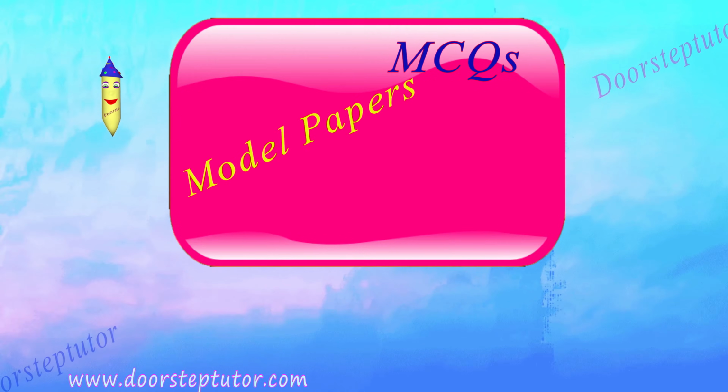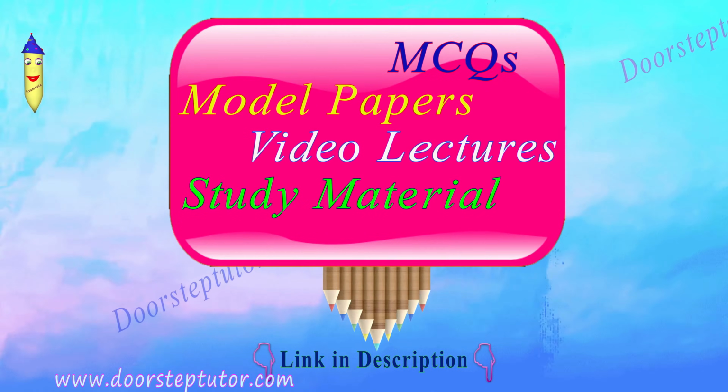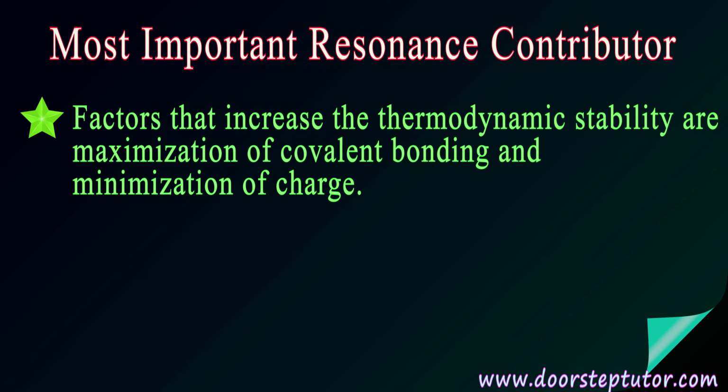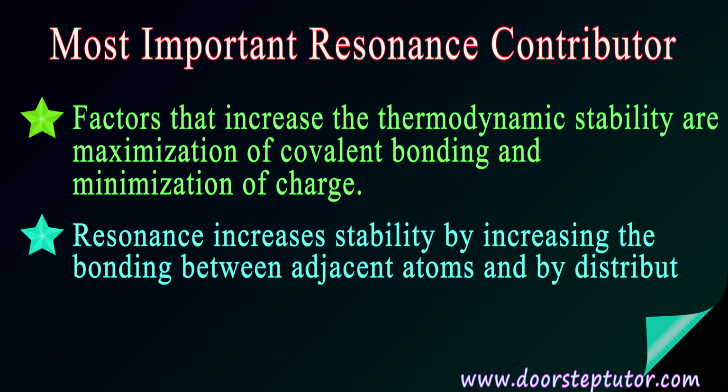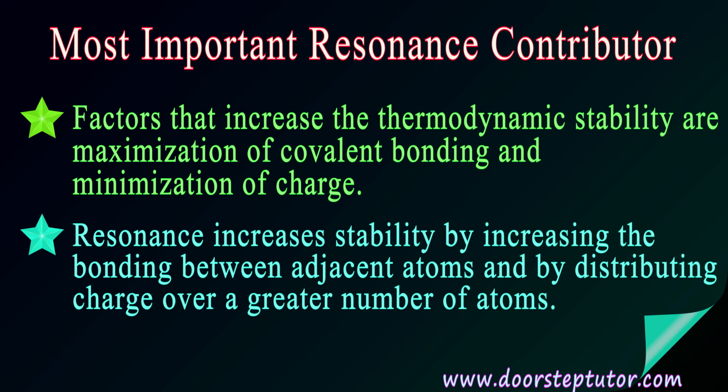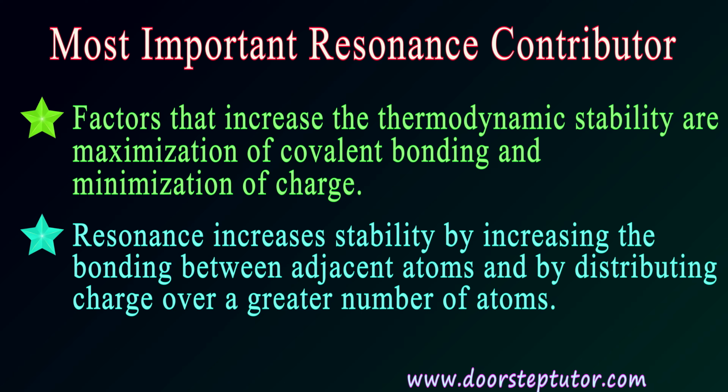One point to be noted for resonance is that resonance increases the stability by increasing the bonding between the adjacent atoms and by distributing charge over a greater number of atoms. So the charge is not confined over a single atom, it is distributed holistically over the molecule, over each atom.